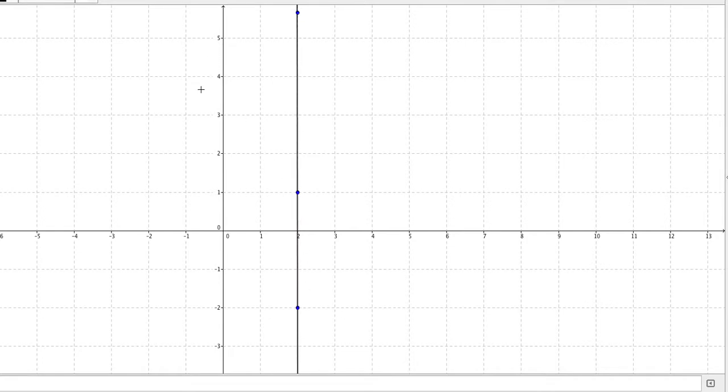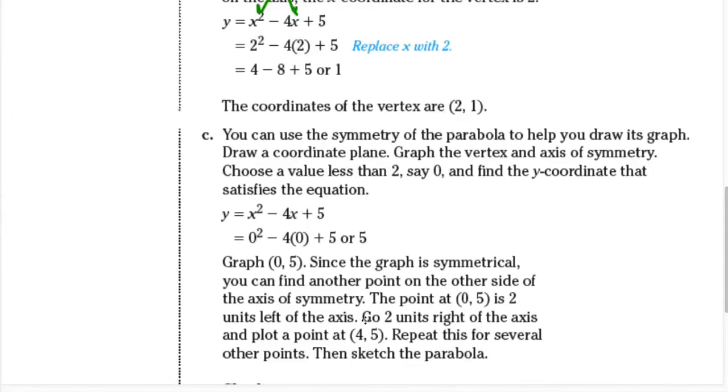And since the coefficient of our quadratic term is positive, our parabola will open upward. What we want to find essentially is the value of x to the left of your axis of symmetry. In this case 0 was chosen, and when 0 was chosen, the value of y will be equal to 5.